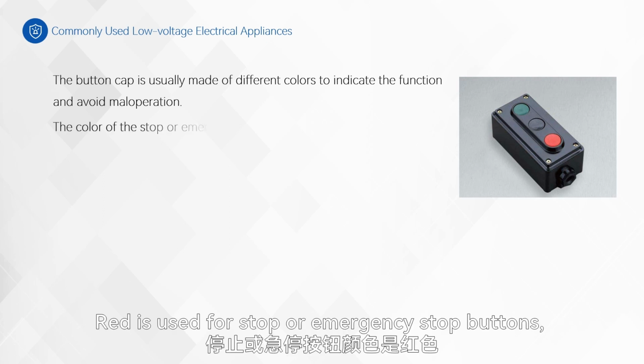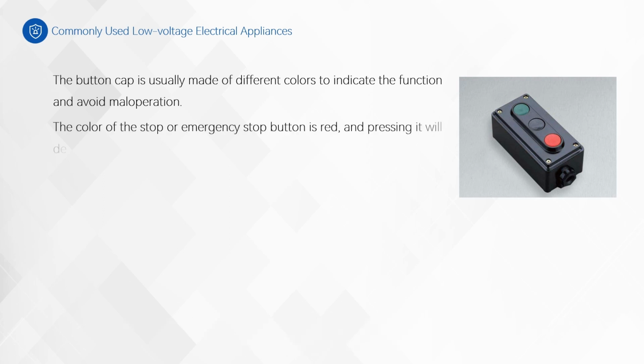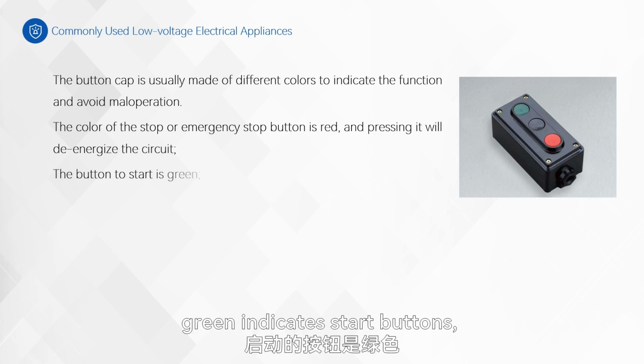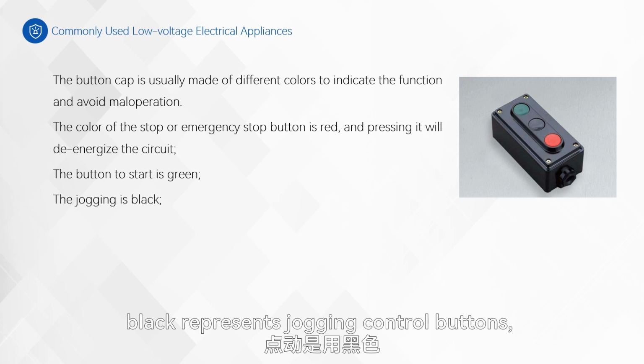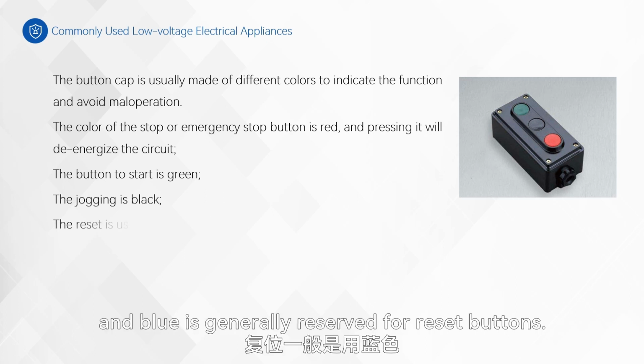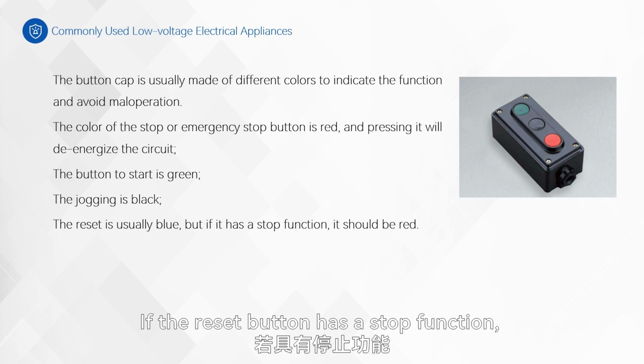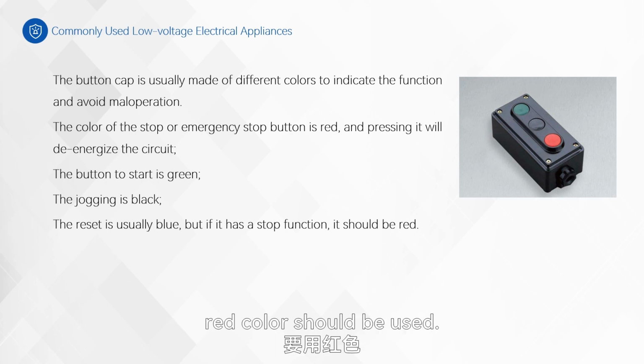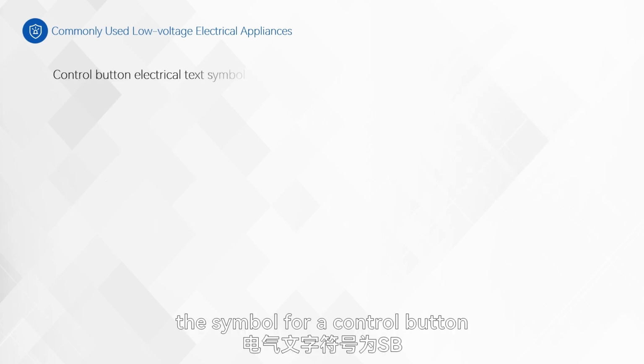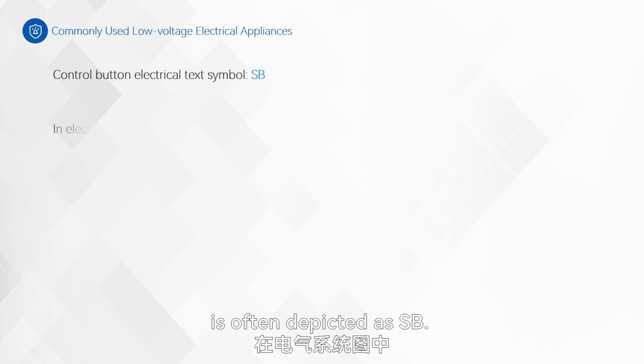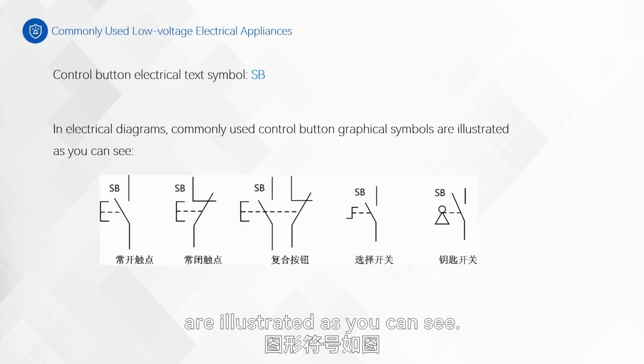Red is used for stop or emergency stop buttons. Green indicates start buttons, black represents jogging control buttons, and blue is generally reserved for reset buttons. If the reset button has a stop function, red color should be used. In electrical diagrams, the symbol for a control button is often depicted as SB. Commonly used control button graphical symbols are illustrated as you can see.